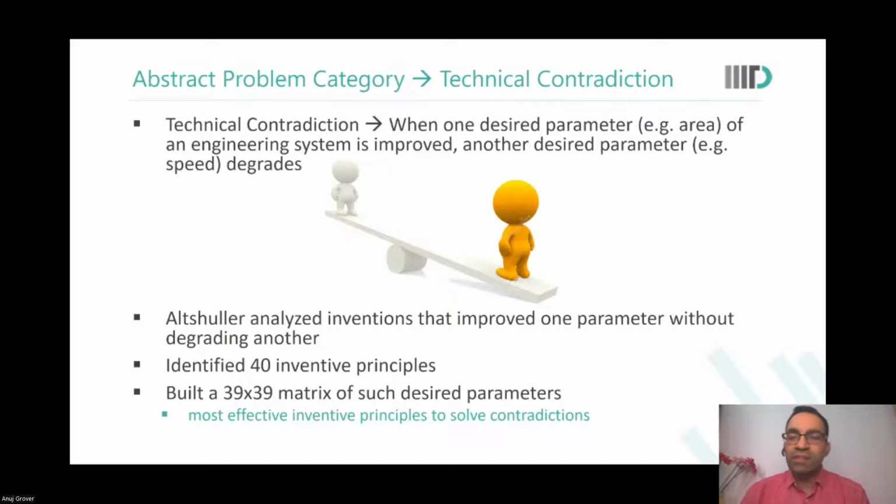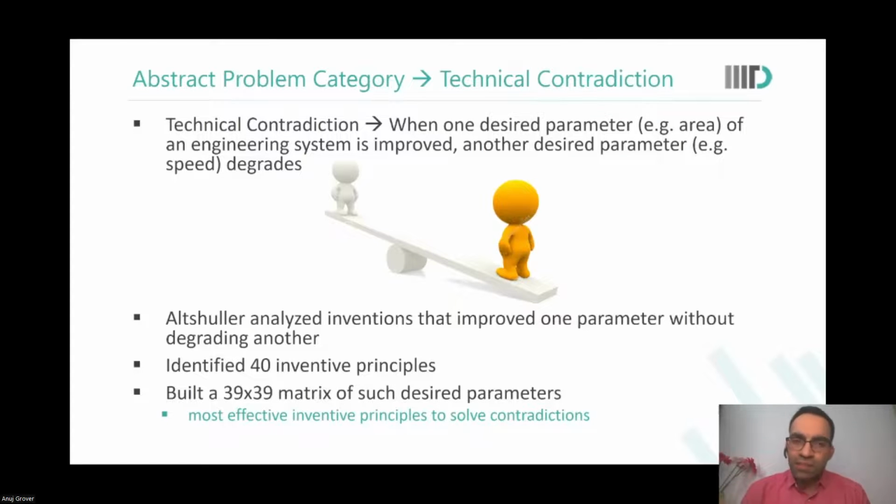By using these inventive principles, we could bring in other parameters which we were otherwise ignoring. For example, stability, or accuracy, or power, or throughput. There could be something else which we could trade off, which is not really that desired a parameter as of now in the system.